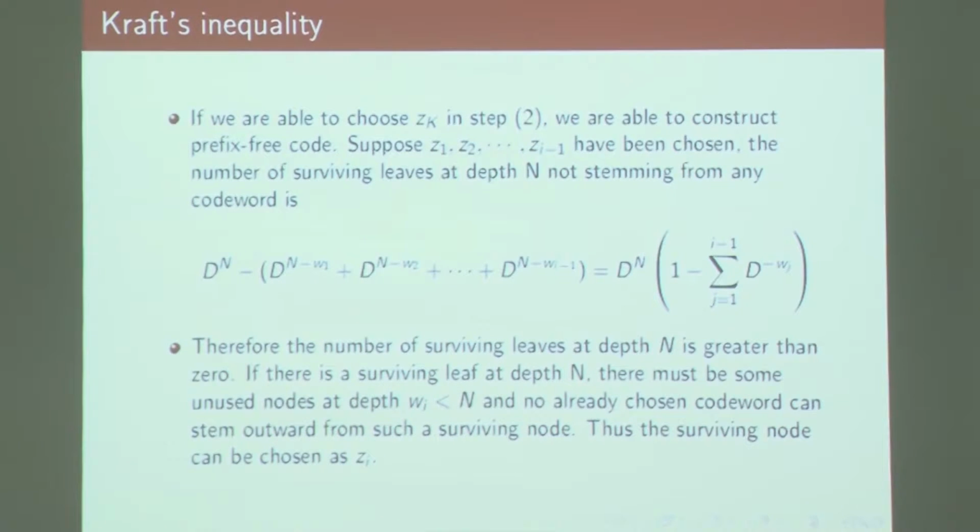I have shown that if a prefix free code exists, then Kraft inequality has to be satisfied, and if Kraft inequality is satisfied and you have code words of length W1, W2, up to Wk, then this code must be a prefix free code. So whether a prefix free code exists or not, we have to first check whether the Kraft inequality is satisfied or not.